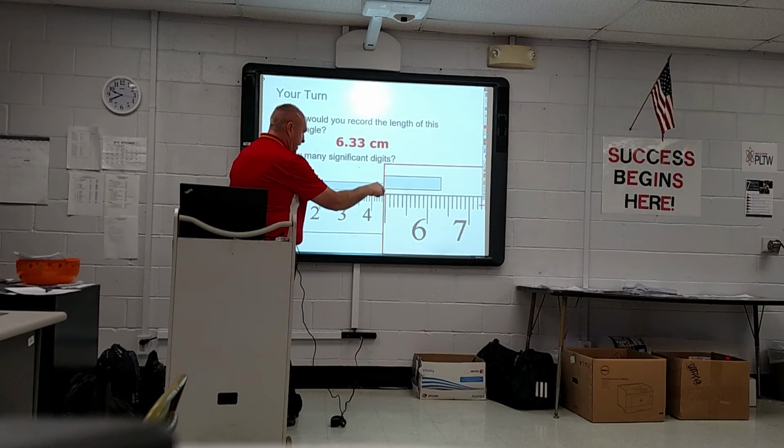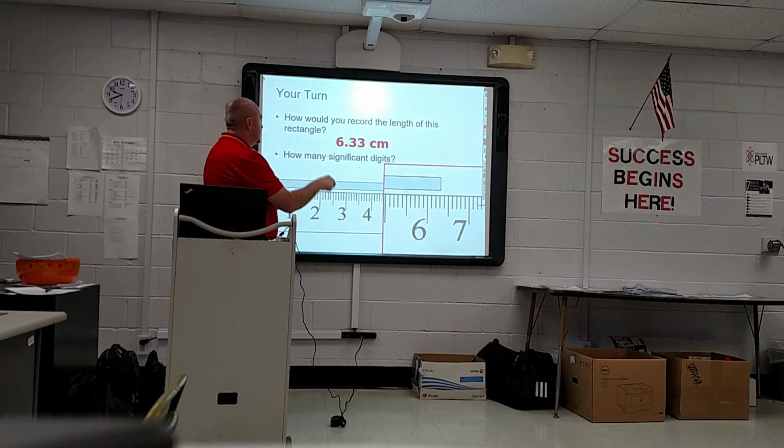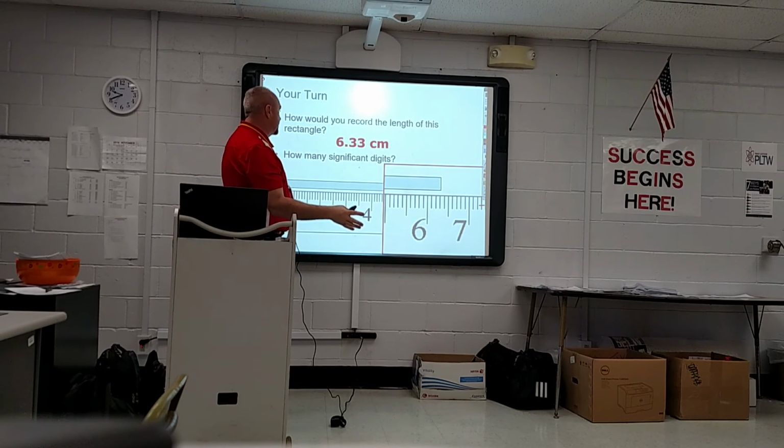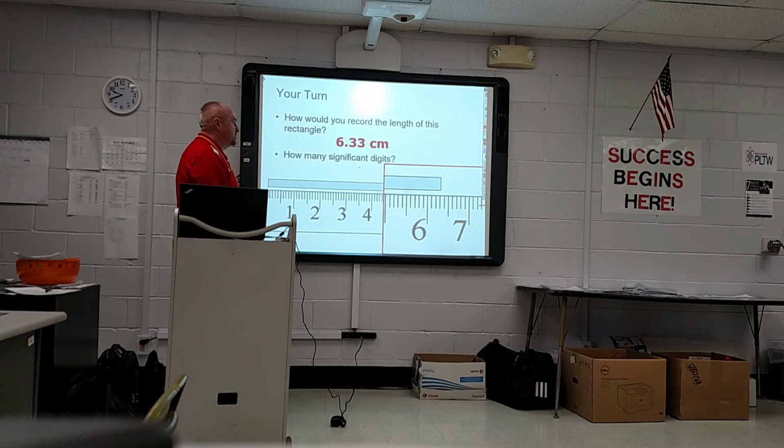We know that it's past 6 centimeters, and we know that it's past that 3, so that's a certain number. And it's just past it. It's less than 4, but just past the 3. So your uncertain number would be the last 3. But the significant digits, all of them are necessary. That's what significant digits mean. So there's 3 significant digits, there's 2 certain numbers, and 1 uncertain number.